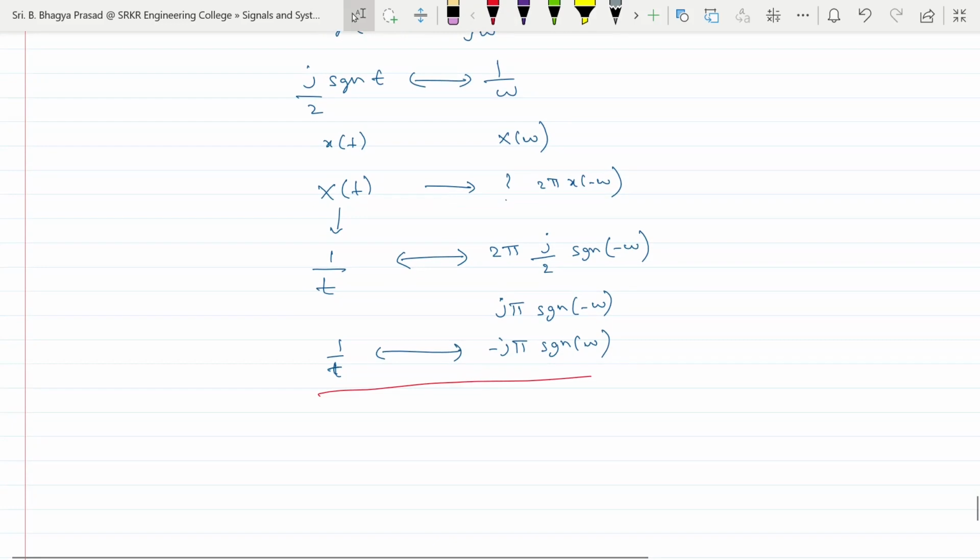So without knowing the duality property and the Fourier transform of the signum function, you cannot find the Fourier transform of 1 by t.